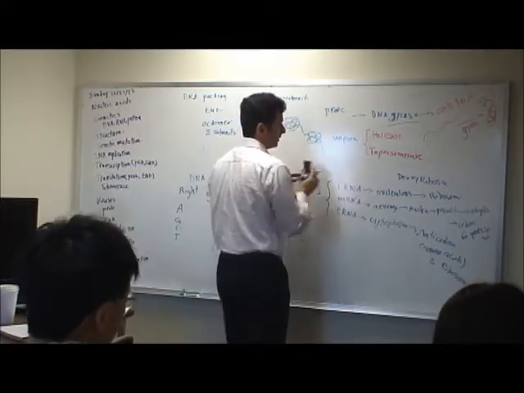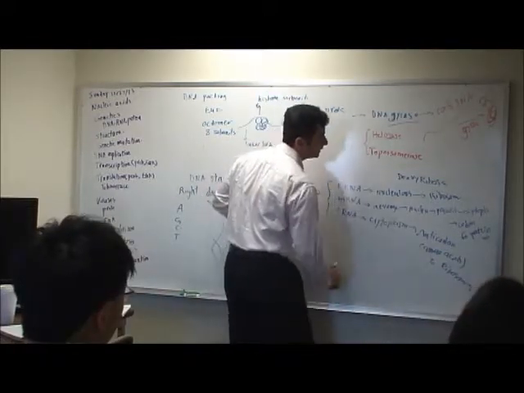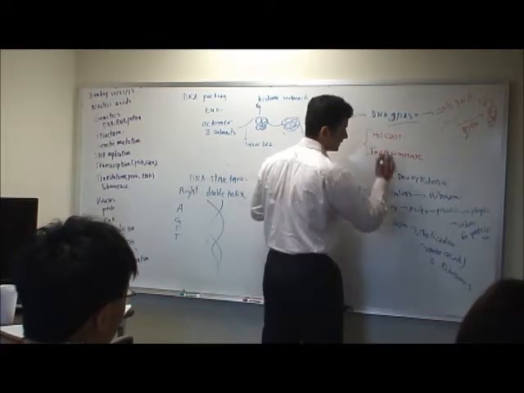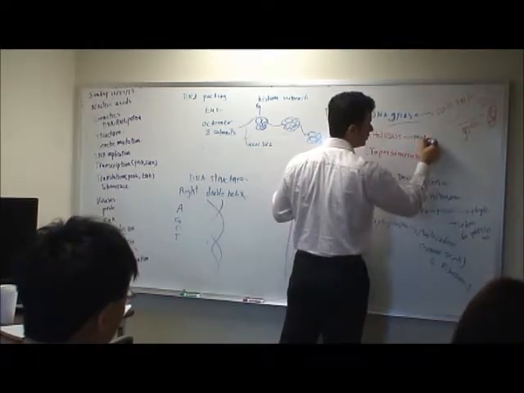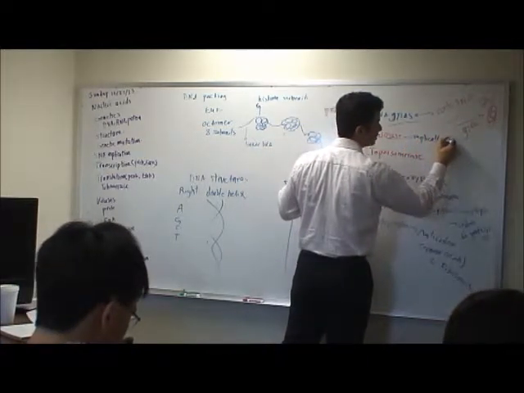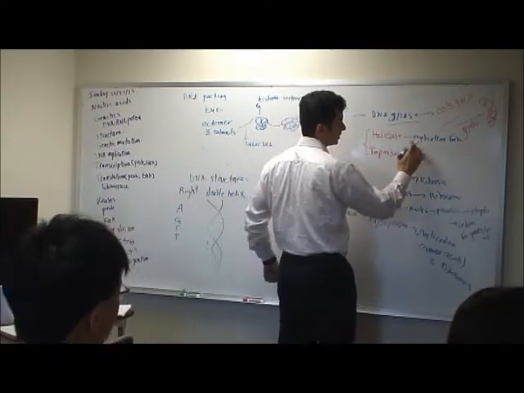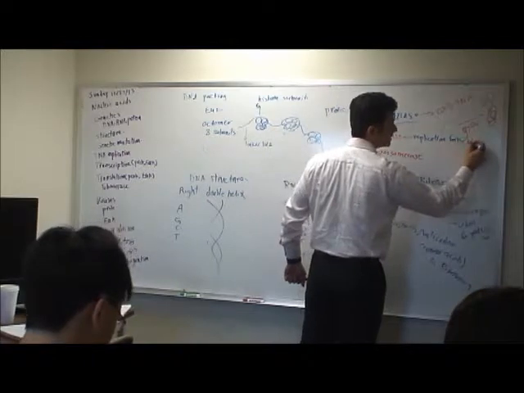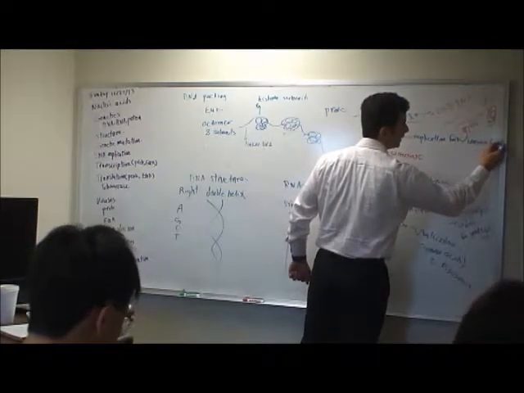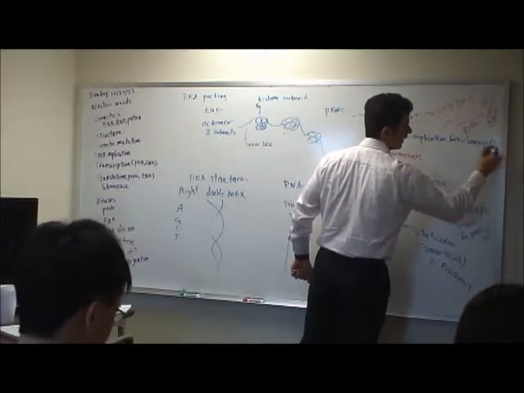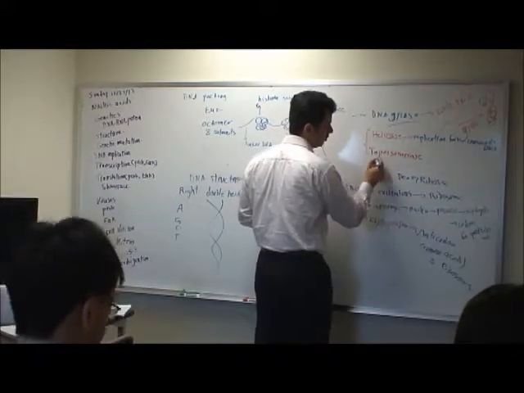Let's just be specific in all of them. Helicase works at a site called the replication fork. I'll get to this when I talk about the replication fork, and this unwinds DNA, so it has a kind of unwinding effect.